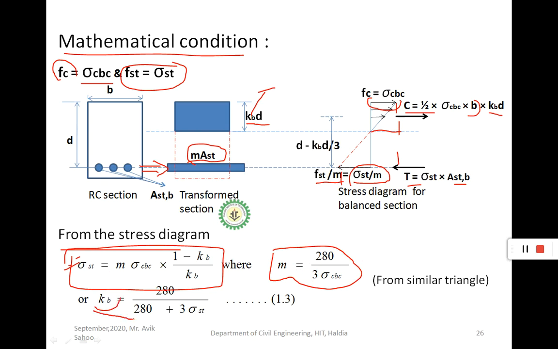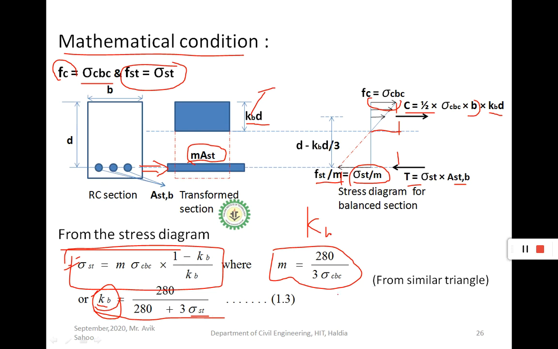Now we get the final relation. KB is called the balancing depth factor, which is equal to 280 by 280 plus 3 sigma st. So it means the balancing depth factor only depends on the grade of steel, because this is the permissible stress of steel, and the permissible stress of steel depends on the grade of steel.